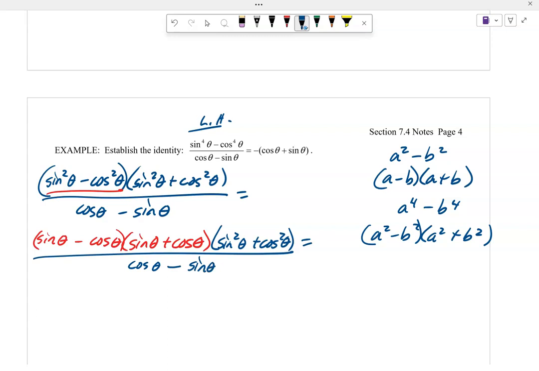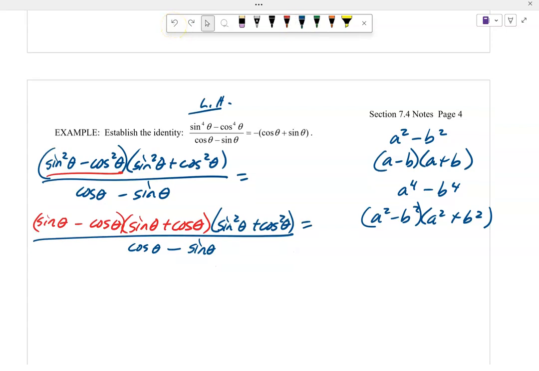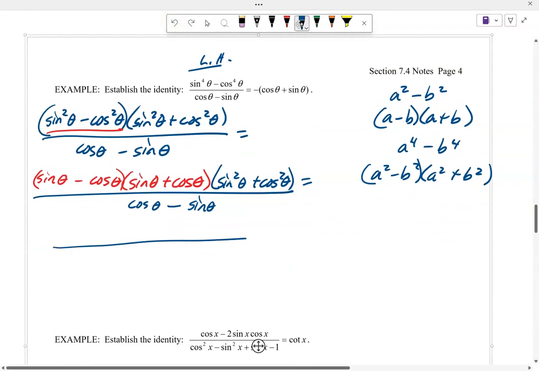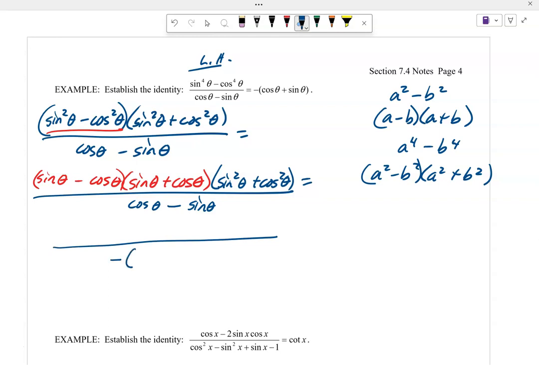Okay. Now notice in my denominator I have cosine minus sine, which is almost, it's not quite sine minus cosine. So could I take a negative out of my denominator? That's my approach for this one. And I'll say, sure, if I took a negative out, that'll change these signs.